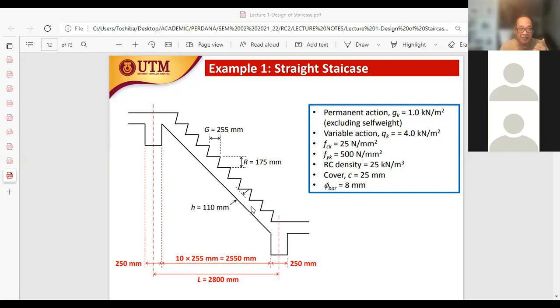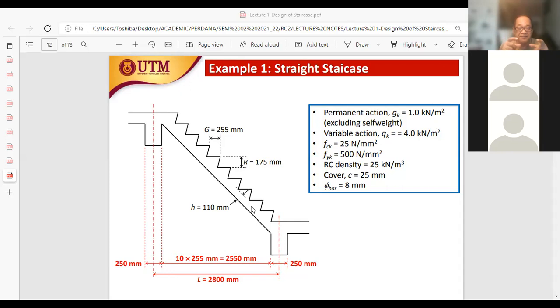Kita ada based on bond, kemudian based on durability, exposure condition dan sebagainya. And the third one is based on fire resistant. So daripada 3 tu pilih the biggest untuk the cover of your beam ataupun reinforcement to the beams ataupun reinforcement to the slab. So you've come across that earlier dalam RC1.